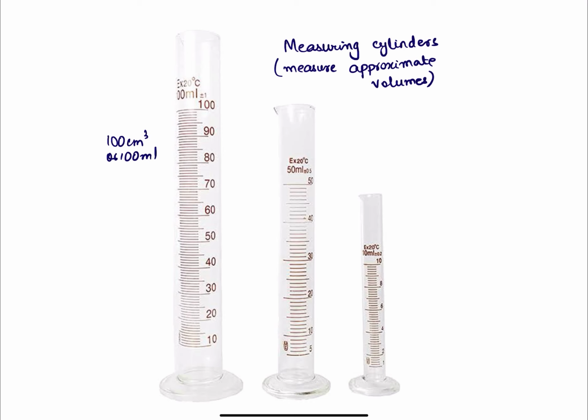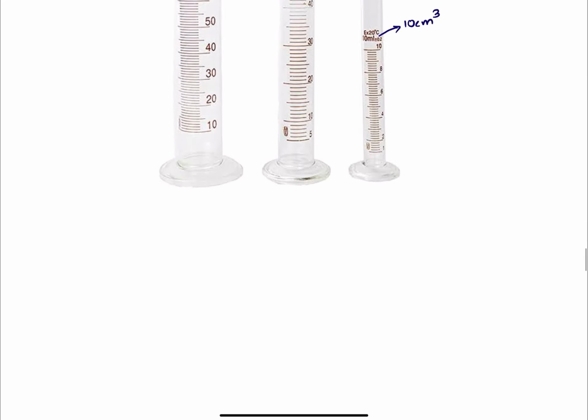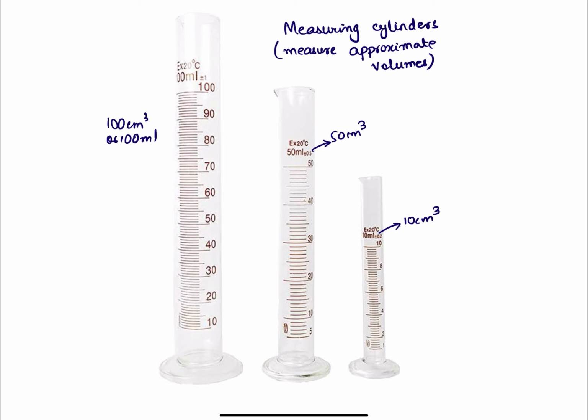This is a 50 ml or 50 cm cube measuring cylinder. This is a 10 ml or 10 cm cube measuring cylinder. You also have a 250 cm cube measuring cylinder, which is the largest. And you also have 1000. But we in chemistry, in our ATP, we're going to use 10, 50, 100 a lot, and 250 as well.